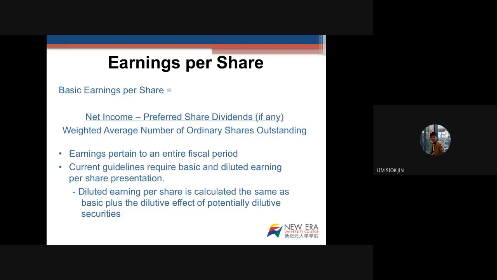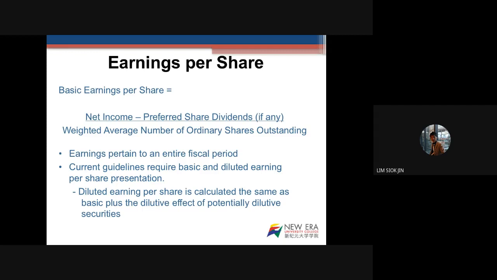So how do you find earnings per share? It's very straightforward. You take net income. If you don't look at the long formula, the basic formula is net income divided by number of shares.